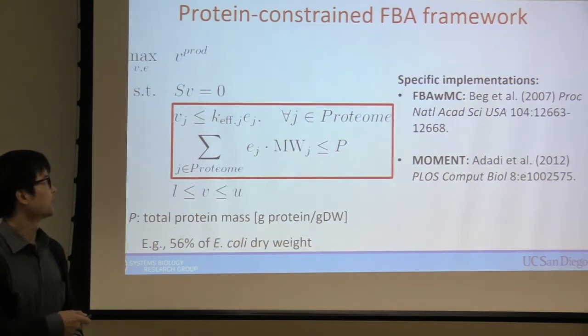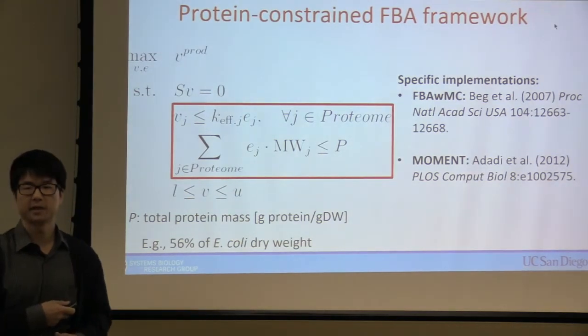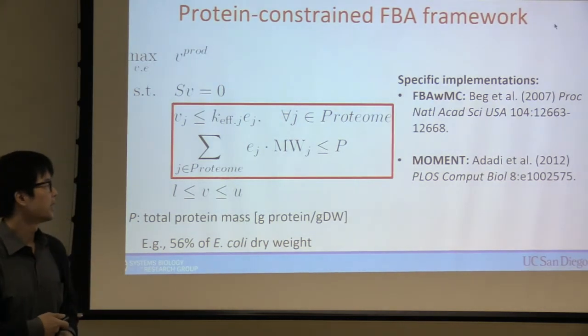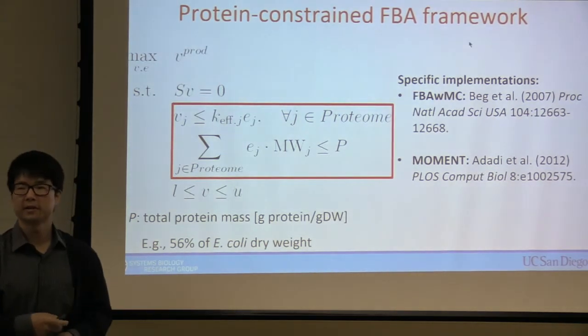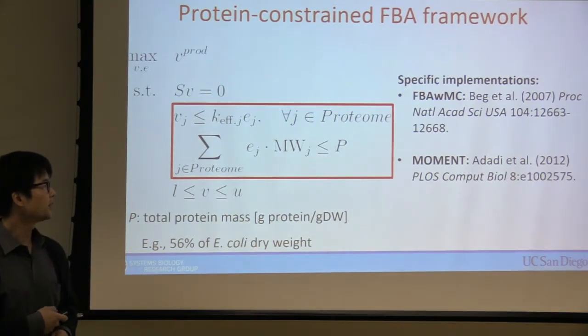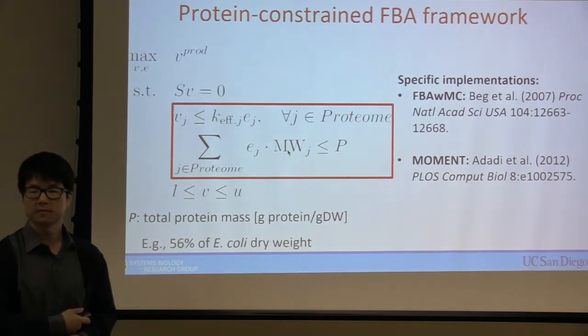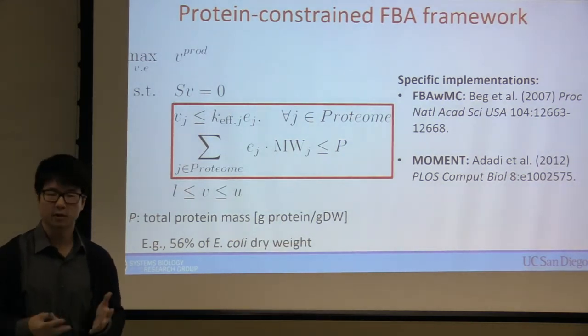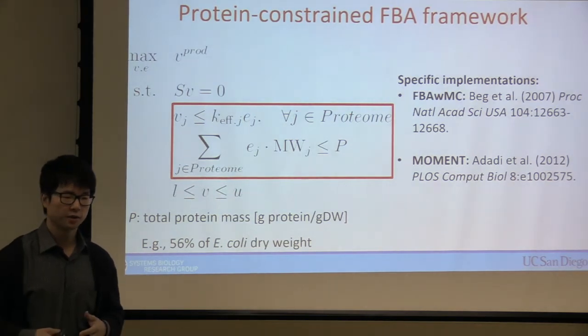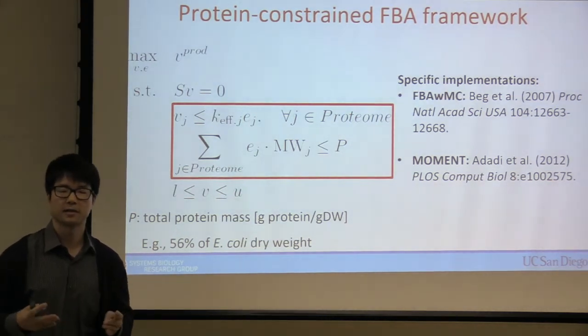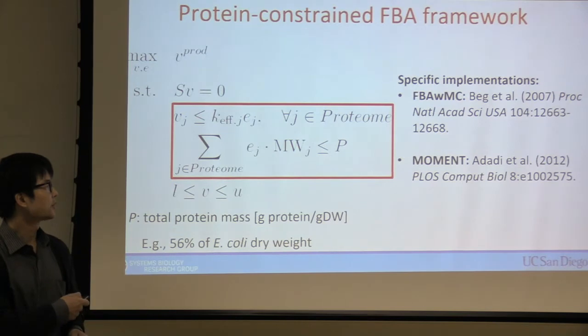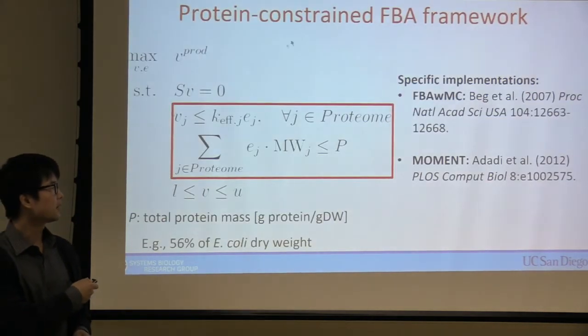The first one being, of course, the flux capacity, which is a function of the turnover, and the proteome capacity, which is a function of the molecular weight of each enzyme. And you can start to see that if you want to make more of one of these enzymes, for example an enzyme within your heterologous pathway, because you want to speed up the rate of that product synthesis, you're going to have to increase the enzyme abundance for that enzyme.